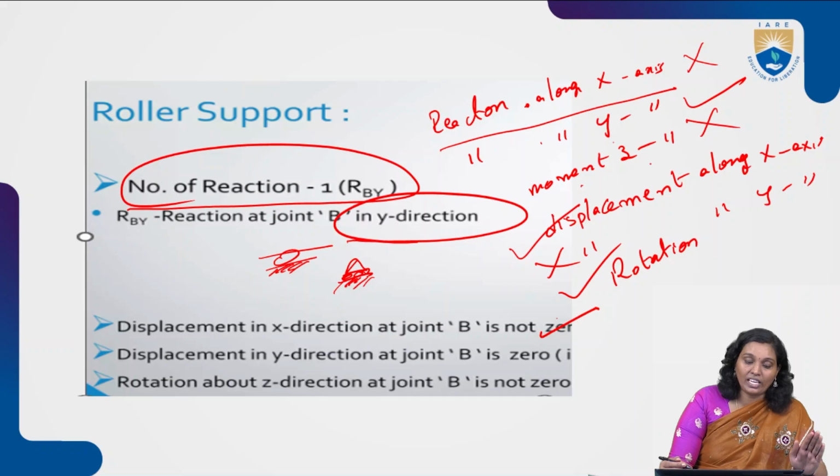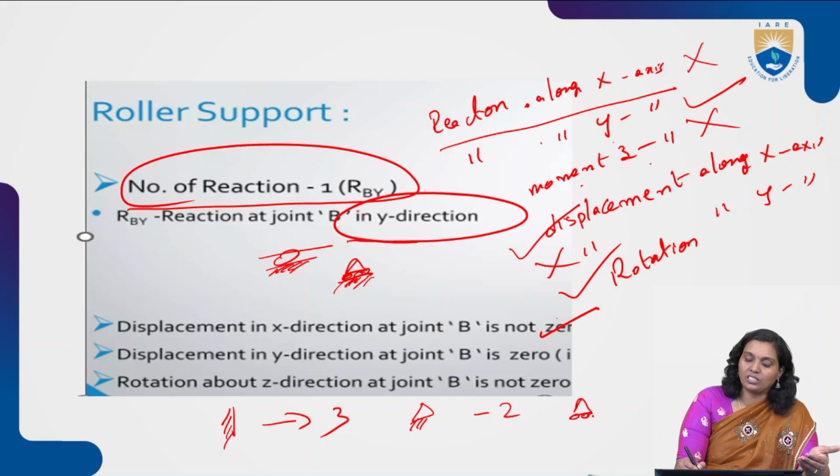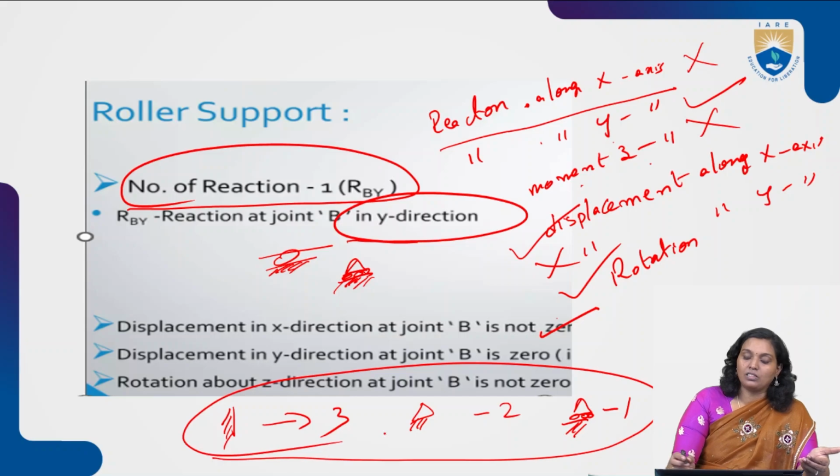So the 3 important, majorly used supports are: fixed support having the number of reactions equal to 3, hinged support equal to 2, and roller support equal to 1. For the roller support, the reaction is only in the y direction.